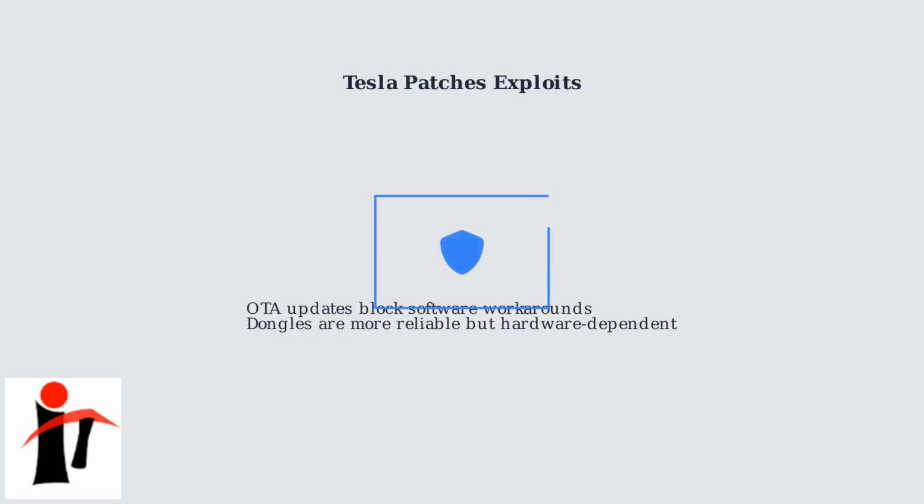These approaches often require custom scripts or third-party tools to bridge the gap between Apple and Tesla's systems. However, Tesla actively patches these software exploits through over-the-air updates, making them less reliable over time. Dongles remain the more stable option, despite requiring physical hardware.